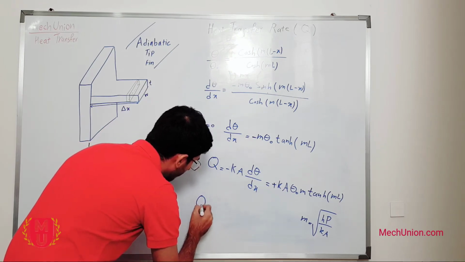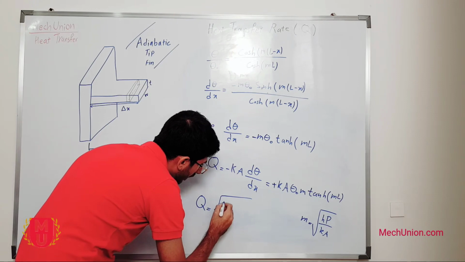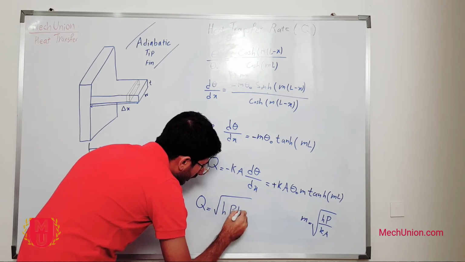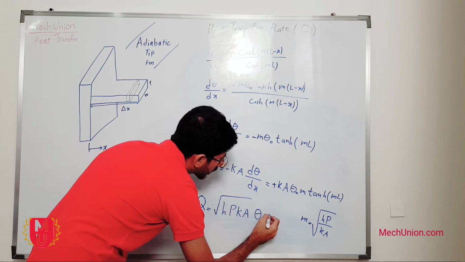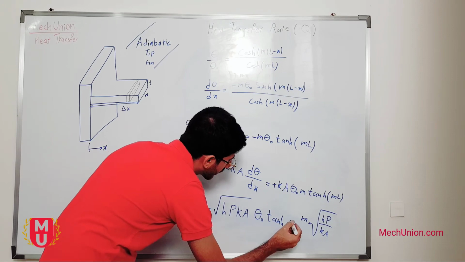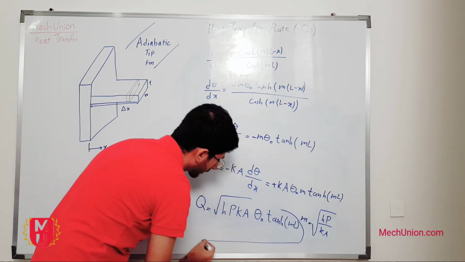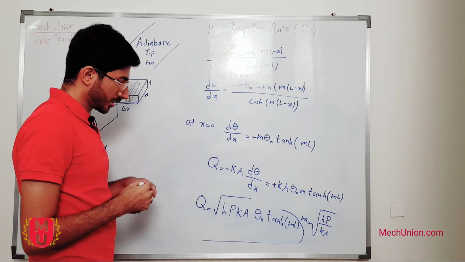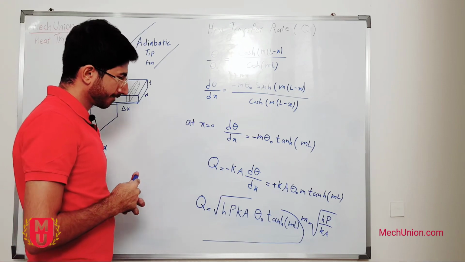Q will be square root of hP Ka times theta naught times hyperbolic tangent of mL. That's it. Our heat transfer rate through adiabatic tip fin.